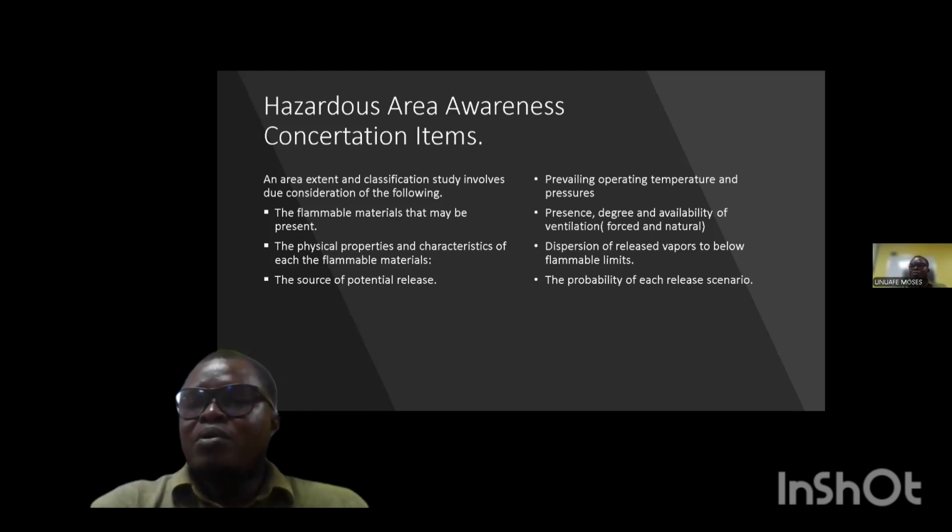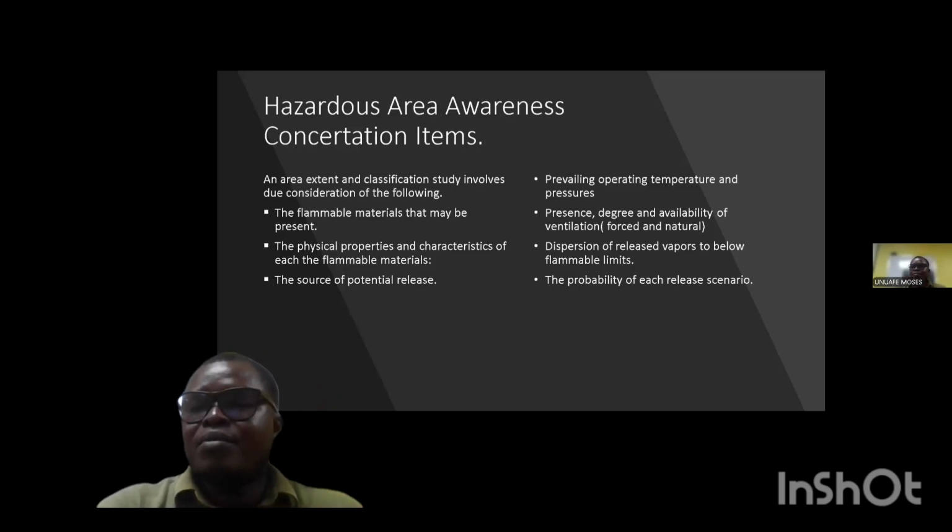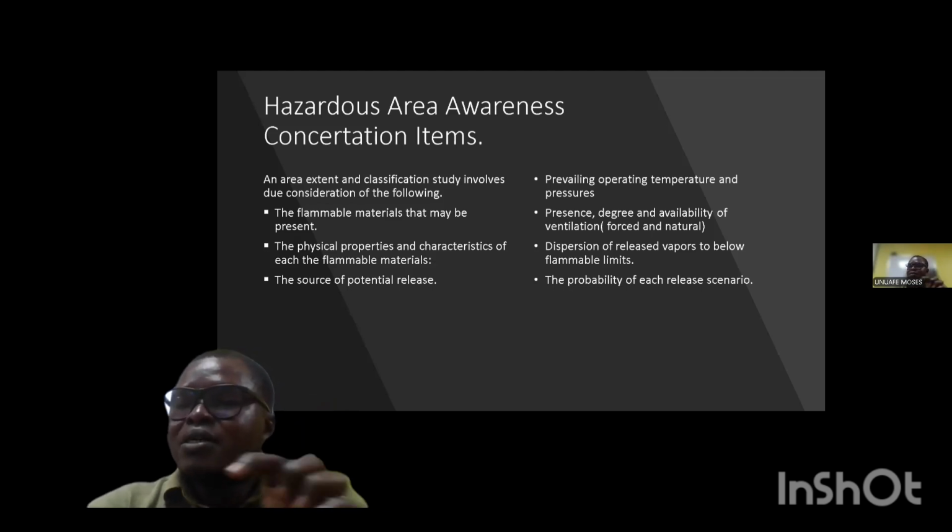For example, say you have a gas sampling point on a pipeline. If the sampling point is automated and operates continuously, releasing a small amount of gas regularly, then the probability of release is high, because it is a continuous release, which makes that area Zone 0.